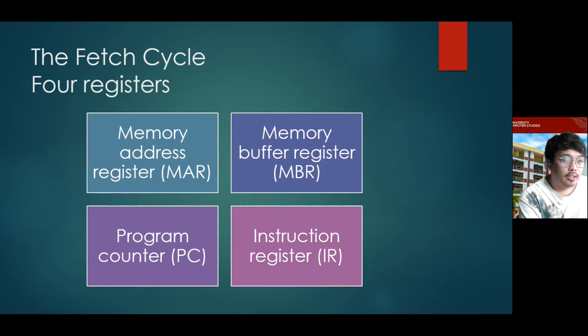Therefore, the simple fetch cycle actually consists of 3 steps and 4 micro operations. Each micro operation involves the movement of data into or out of the registers.